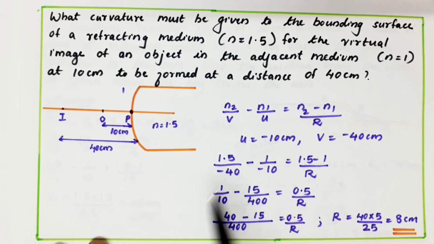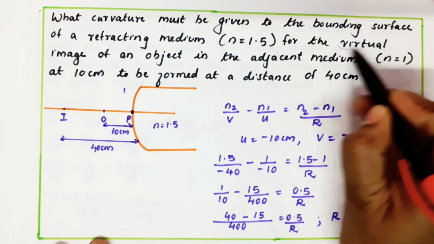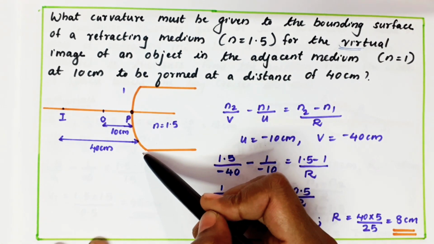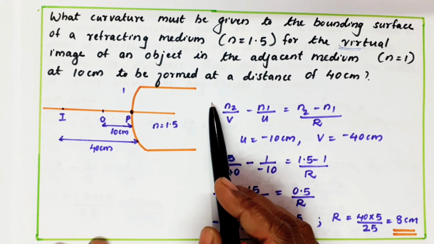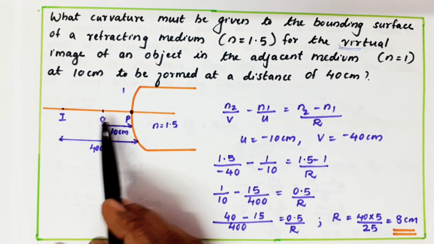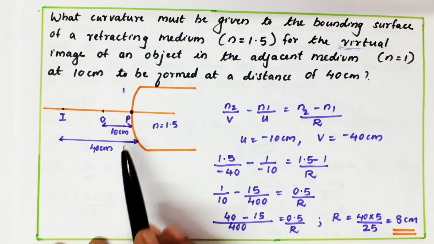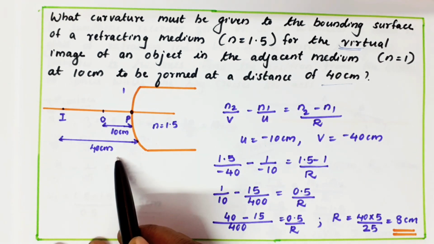We are applying the sign convention because they told it is a virtual image. So I have taken the diagram. According to refraction, we should get real image this side. But they told virtual image, so object and image should lie on the same side. Object at 10 centimeter, image 40 centimeter.